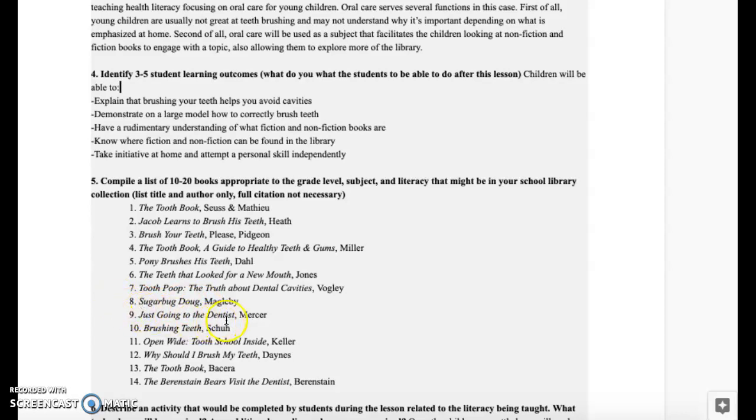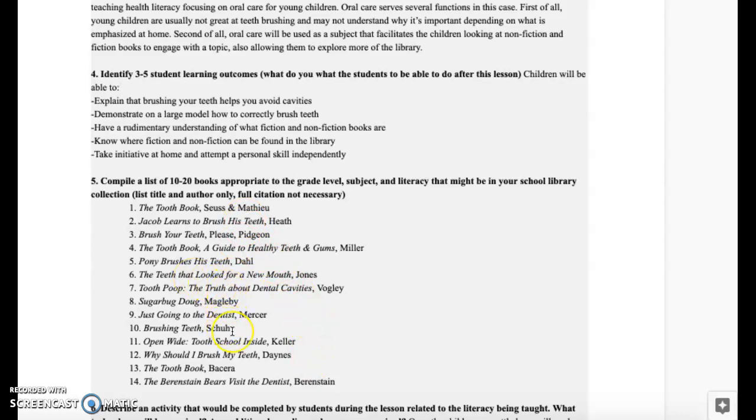So Just Going to the Dentist by Mercer is a classic book about a dentist visit. The Berenstain Bears Visit the Dentist is also just a story about children going to the dentist, in this case, children of bears. And then there are also books on this list that are nonfiction books and informational books.